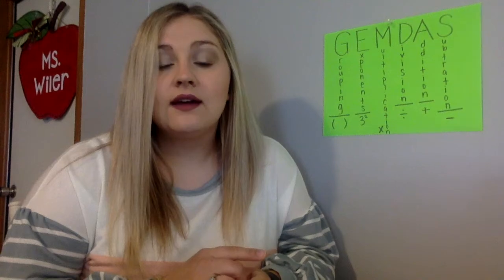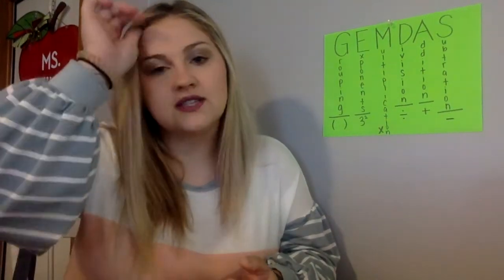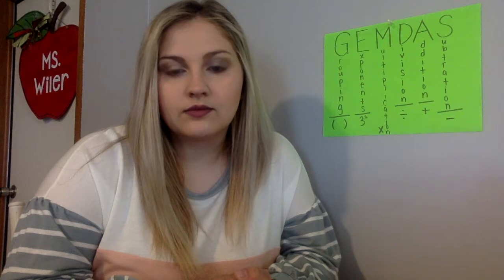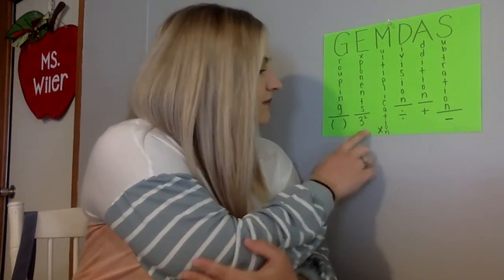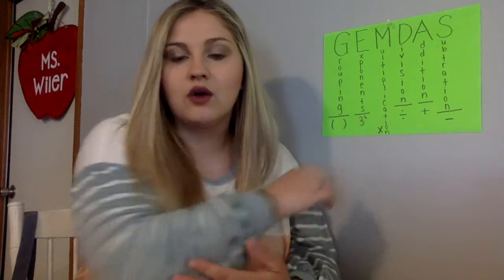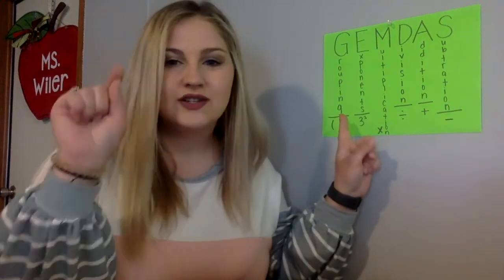Now, E is going to be for exponents, okay? Think for just a minute, what are exponents? Okay, exponents are, and you can barely see this, I put 3 to the second power, okay? So that's when an exponent is when we have, like this has a 3 and then a little tiny 2 over top of it, beside of it.